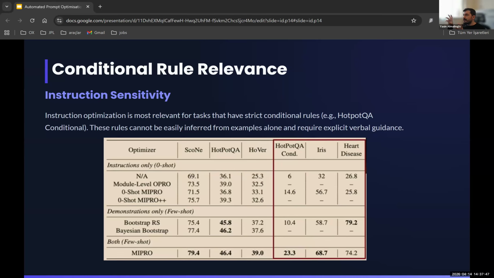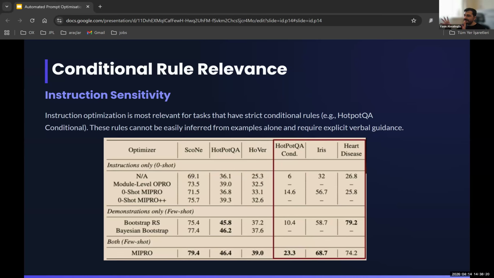On the other hand, for the pattern heavy tasks, as they call them, rule heavy and pattern heavy tasks, in the pattern heavy tasks, examples do the heavy lifting. So examples play the most significant part for those problems, whereas the instructions play the most part for the rule heavy part. I mean, this is also quite intuitive.